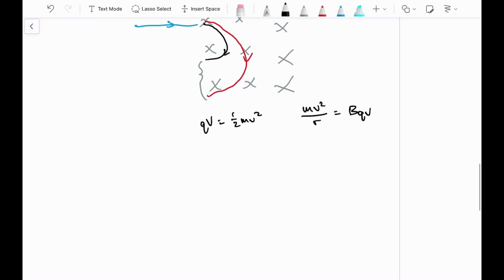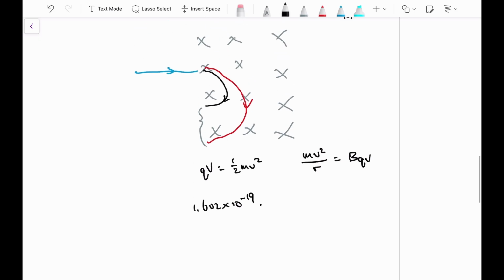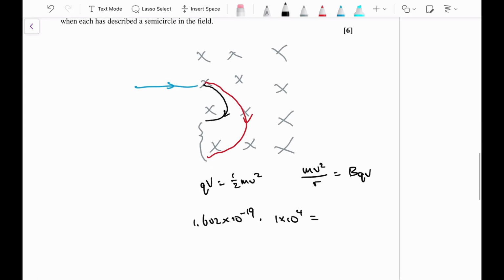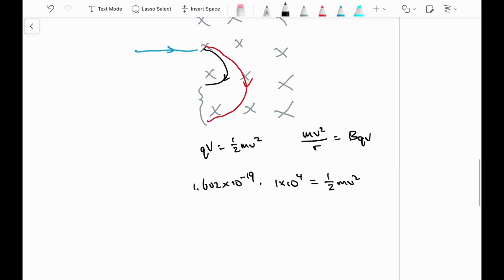Okay, so over here, first of all, the charge. For the deuteron, the charge is 1 positive charge, so that is 1.6 times 10 to the negative 19, and then the voltage is 1 times 10 to the 4, and that is equal to the half mv squared. I'm just going to do the entire half mv squared because we can directly substitute the entire thing into it.